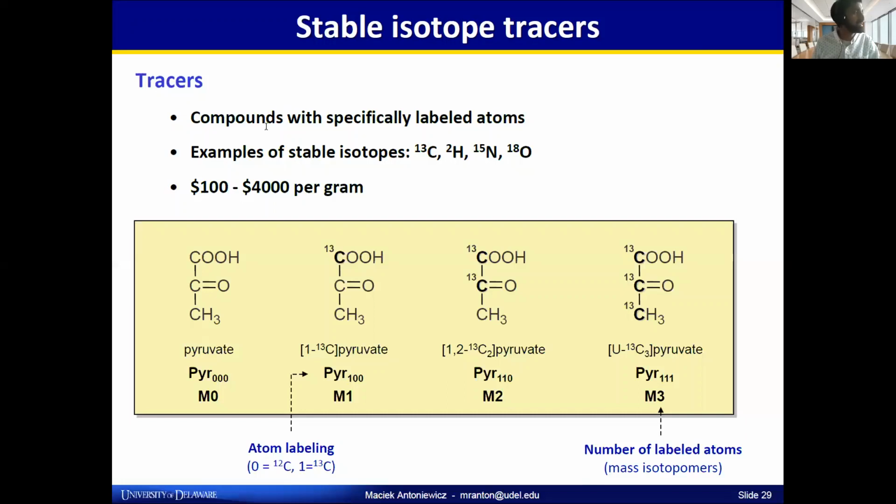But in regard to tracers, it's good to know that you have a variety of options in terms of what metabolite you start with. You could start with a simple sugar, but sometimes that's not relevant for the particular pathways that are underdetermined that you'd like to study.